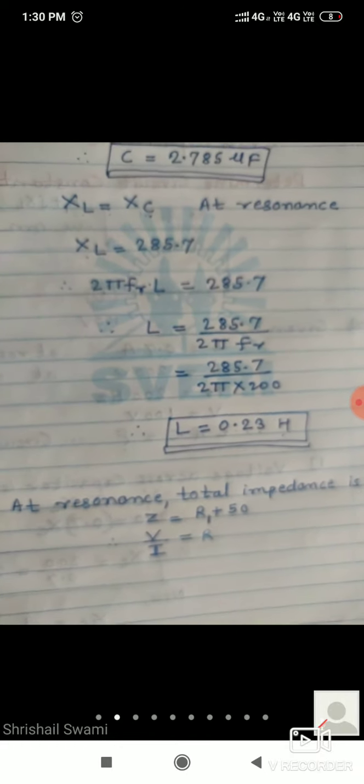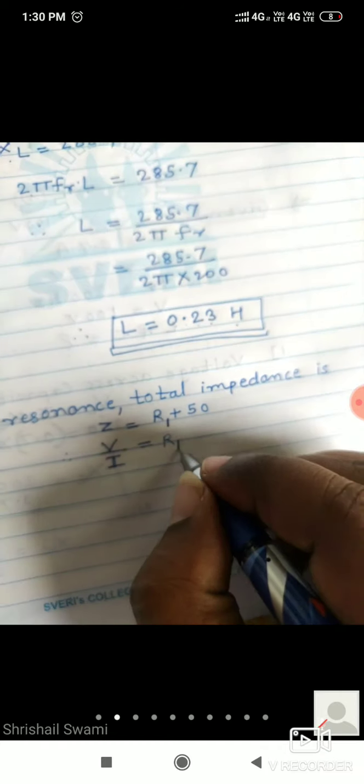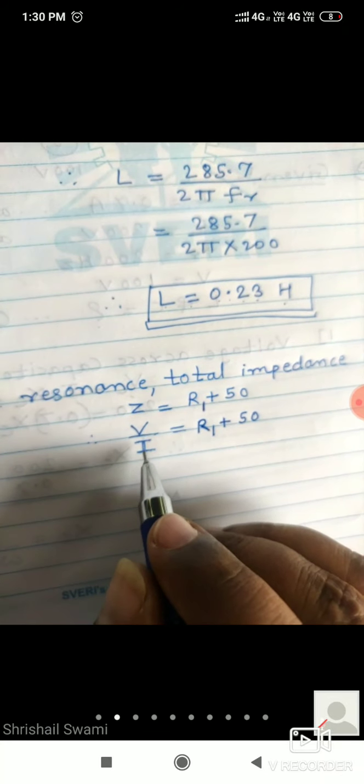So what is the value of Z? How to find out? That is V divided by I. Z is nothing but V divided by I at resonant frequency. So V divided by I is equal to R1 plus 50. What is V?